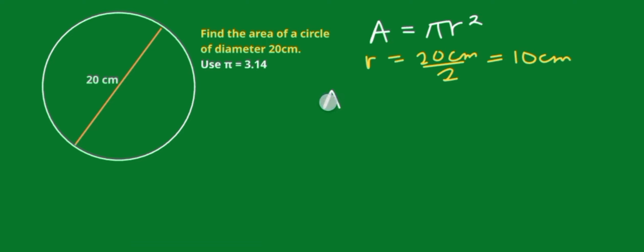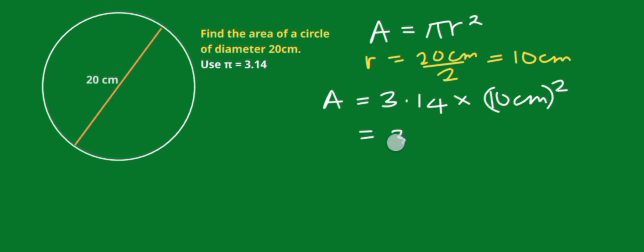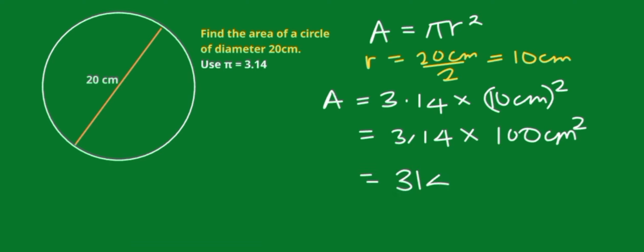Hence, the area of this circle is going to be 3.14, which is the value for pi here, times 10 centimeters squared. That's the square of the radius. And that is going to be 3.14 times 100 square centimeters, which is 314 square centimeters.